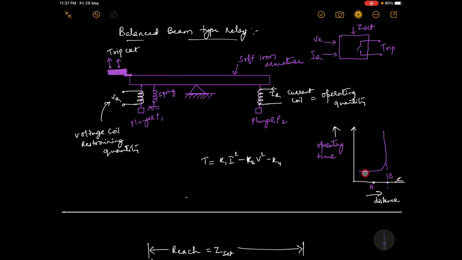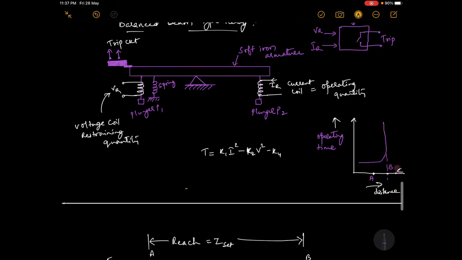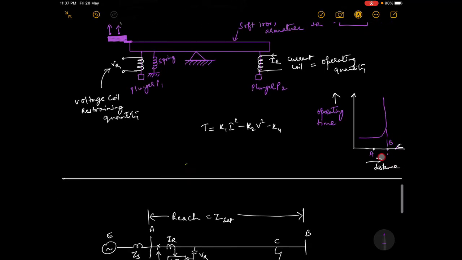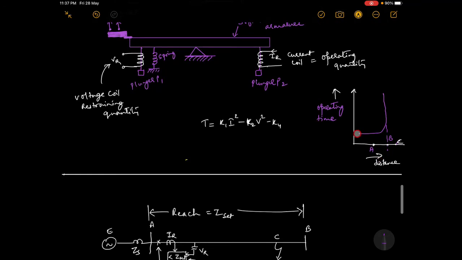It will not take any time, it operates instantaneously, and after that it doesn't operate at all. So what was the conclusion? This was also called a definite distance type impedance relay, because it operates instantaneously for faults up to a set value of distance.